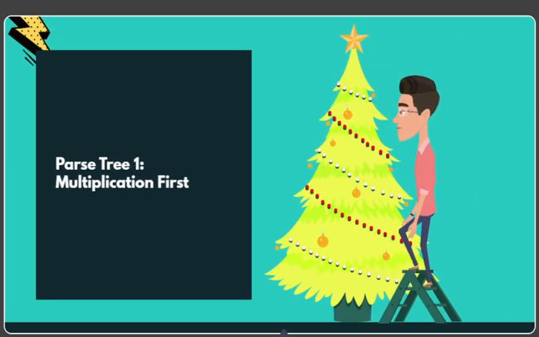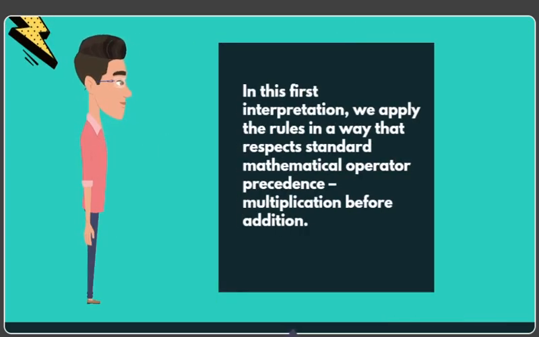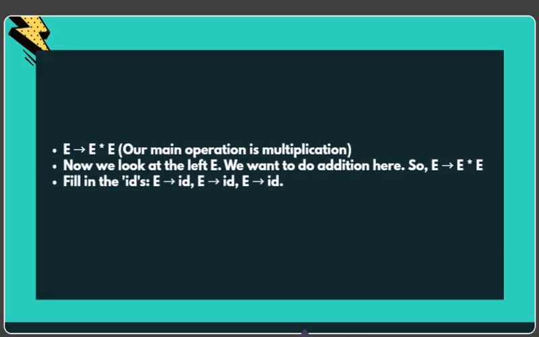Parse tree 1, multiplication first, correct precedence. In this first interpretation, we apply the rules in a way that respects standard mathematical operator precedence, multiplication before addition. We start with E. E goes to E plus E. Our main operation is addition. Now we look at the right E. We want to do multiplication here.